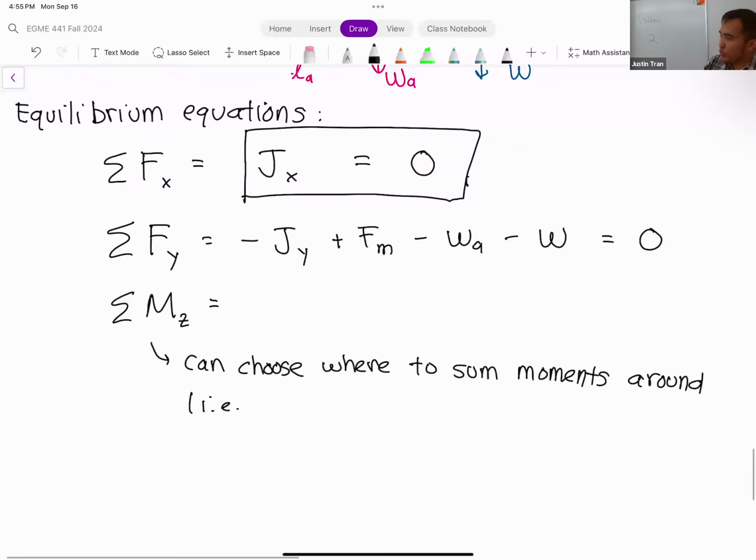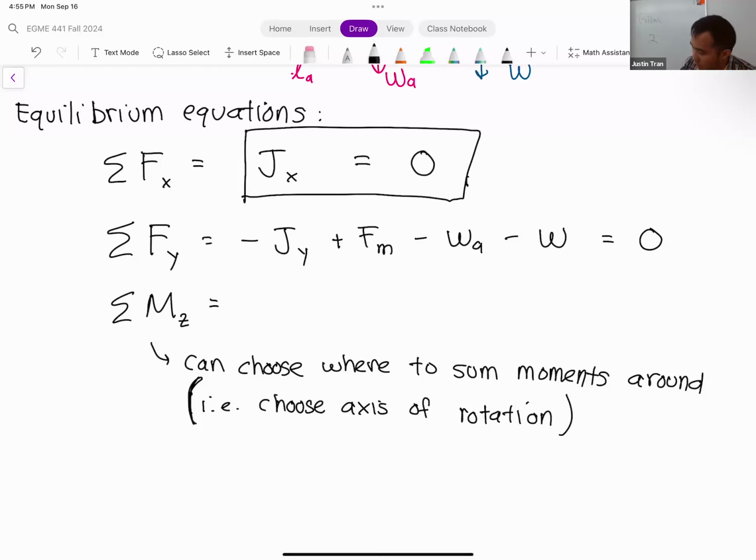Probably, the way that it's been described to you in your previous statics course is that you can choose the axis of rotation. Because a moment is different in nature to a force, because a moment is a rotational thing. A moment is a product of the force.